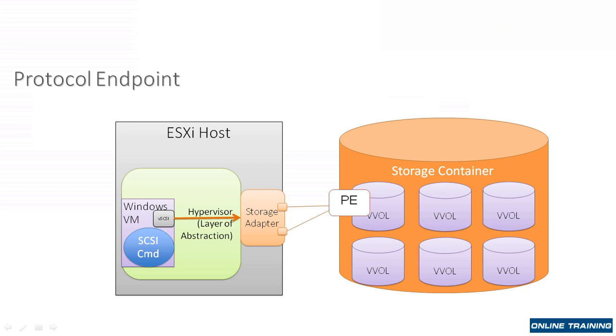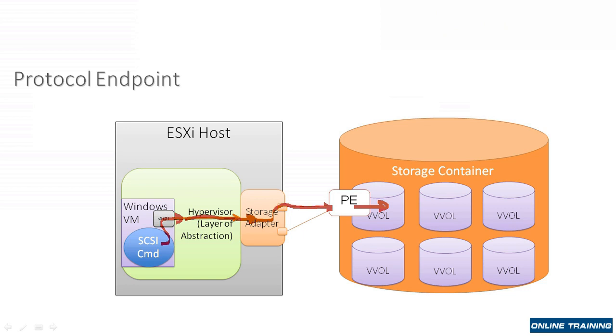There's simply this protocol endpoint that will serve as an interface to the storage container. When my virtual machine issues a SCSI command, the SCSI command, just like always, will flow out of the virtual SCSI controller of the VM, and the ESXi host, the hypervisor, will send it to the appropriate storage adapter through the protocol endpoint, and the data will be written to that individual virtual volume. So that's some of the underlying mechanisms involved with virtual volumes.